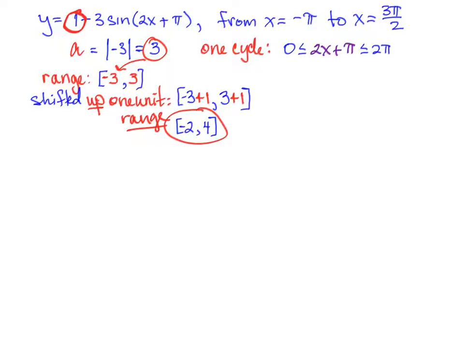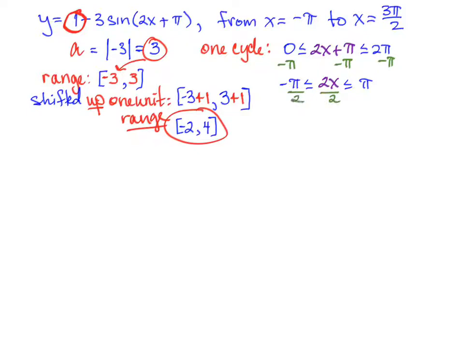We set up the inequality, and then we solve this for x. First let's subtract pi from everybody. So we're left with negative pi is less than or equal to 2x is less than or equal to positive pi. Now all we have to do is divide by 2.